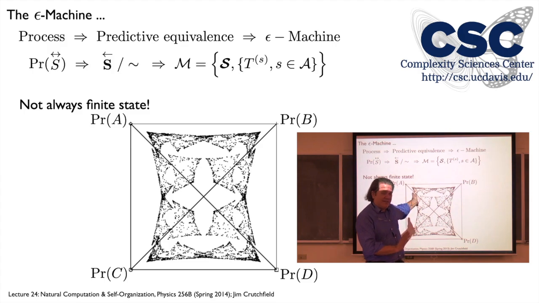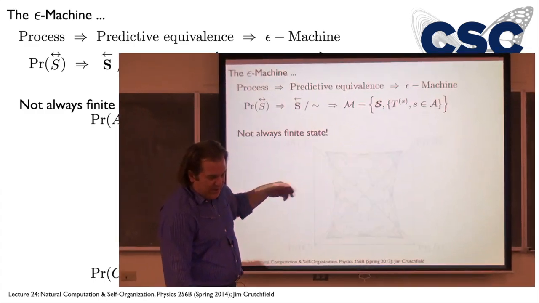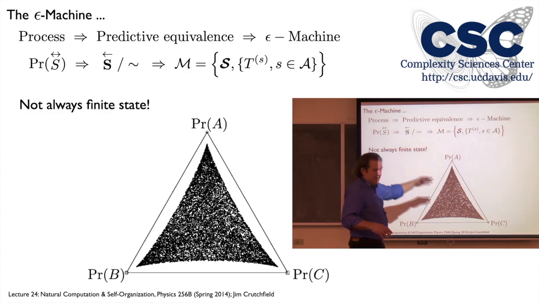In fact, the examples I'm showing you here, whether it's that simple non-unifilar source or this one, or even this one, a continuum of causal states. These are processes generated from randomly selected hidden Markov chains that are non-unifilar.